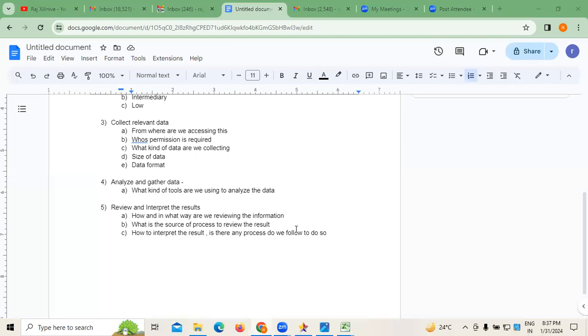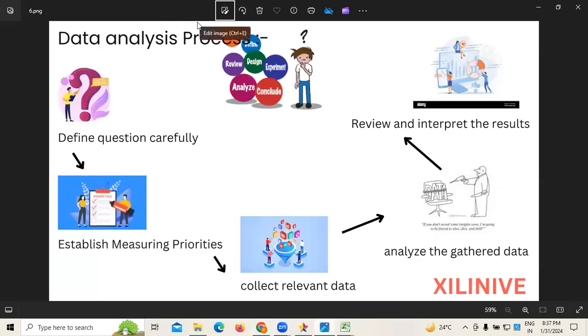It is the minimum basic; if you know more, it is better. After that, what data we have taken and how we are extracting it is what we do as a data analyst. This all comes under the data analysis process. Is this clear?